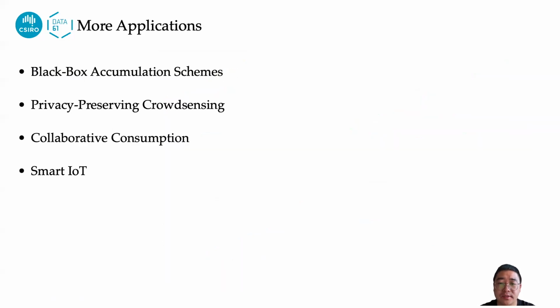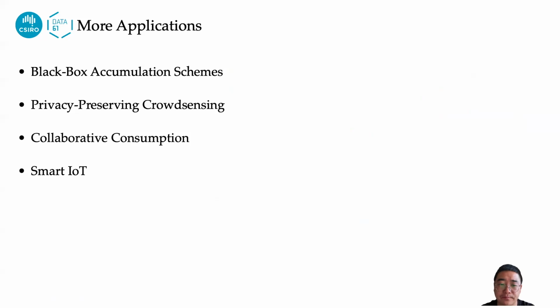Our range argument can be applied to various practical applications for preserving privacy, not limited to confidential transactions on blockchain systems. We enumerate some example applications such as black box accumulation schemes, privacy-preserving crowdsensing, collaborative consumption, and smart IoT.